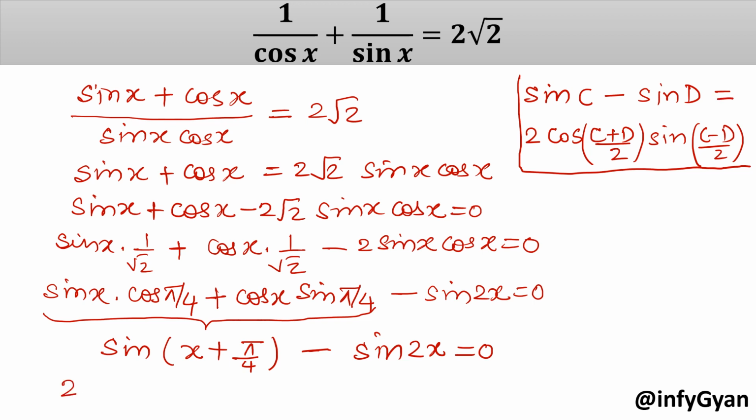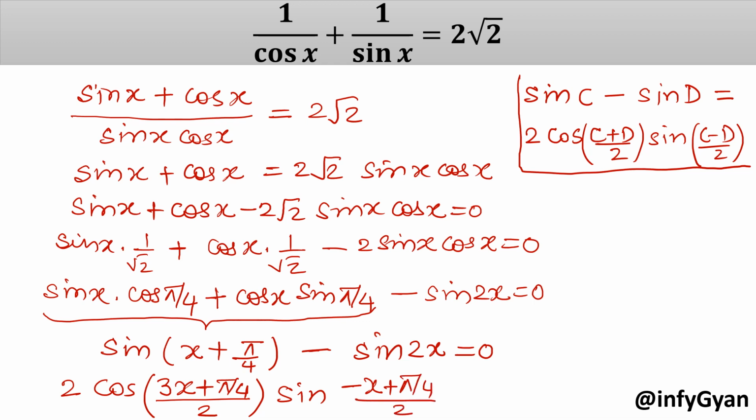So it will be 2 cos C plus D, so x plus 2x, 3x plus pi by 4 over 2, and sin C minus D, so x minus 2x, minus x plus pi by 4 over 2, equal to 0.